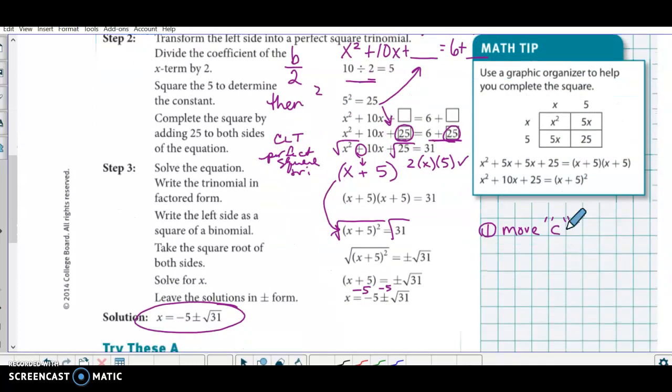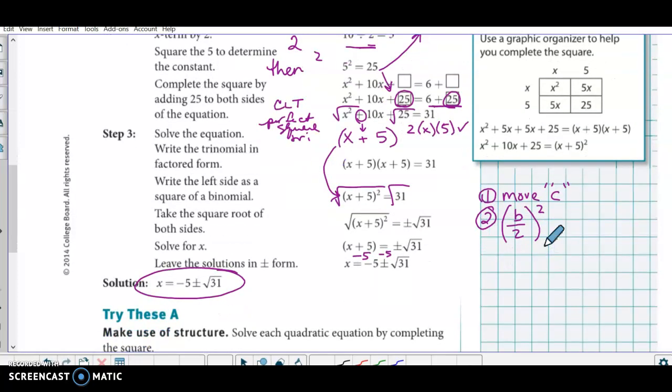And we're going to take B and divide it by 2 and then square it. We're going to collect like terms. We're going to factor our perfect square trinomial.